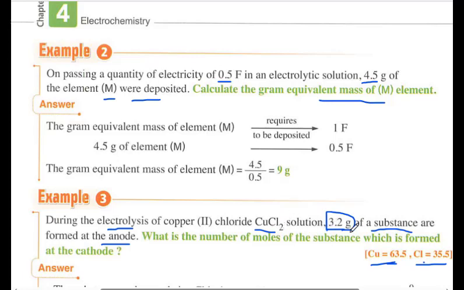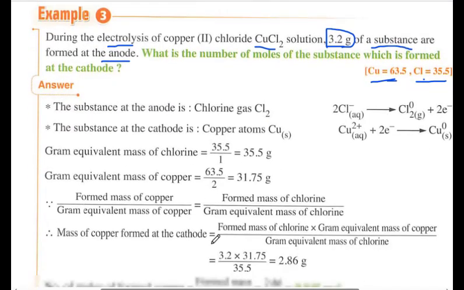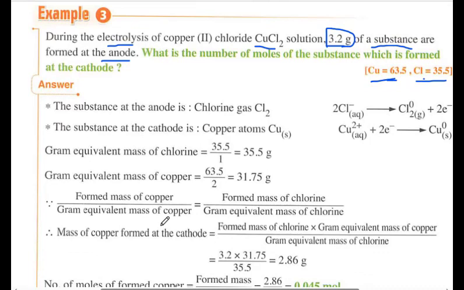So how much copper will be related to 3.2 grams of chlorine, which is liberated at the anode? This is one idea of solution. The other idea is that we can put it in the same relation of the second Faraday law.